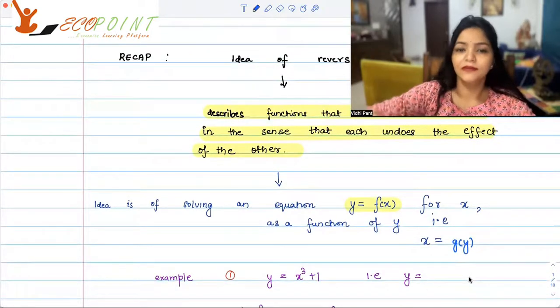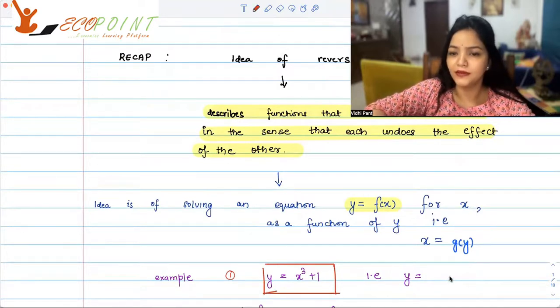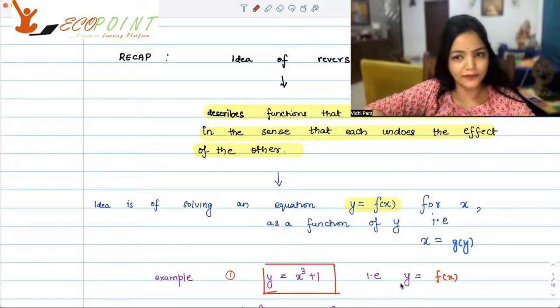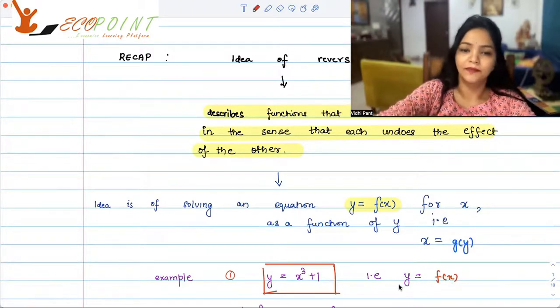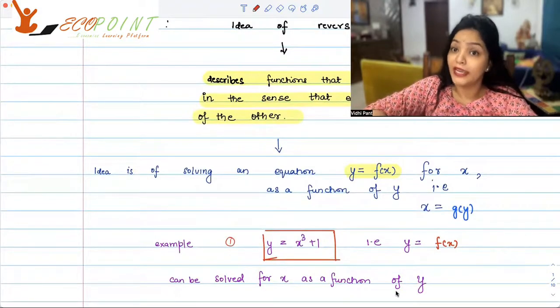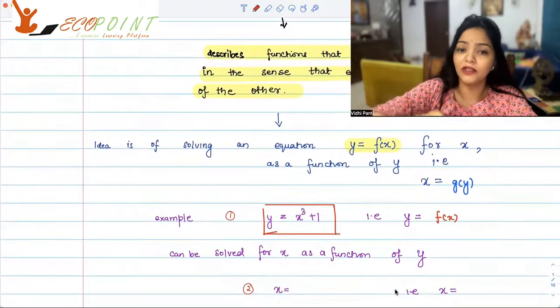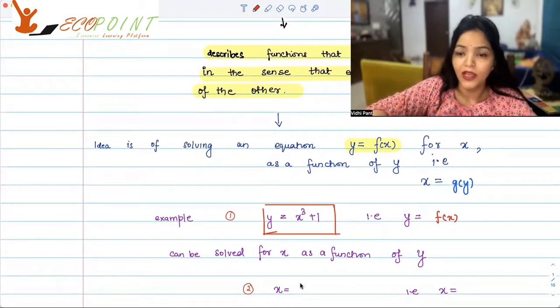For example, suppose we start with the function y equals x cubed plus 1. That is, y is equal to some f(x), right? y is a function of x. This can be solved for x as a function of y. How can I do that?